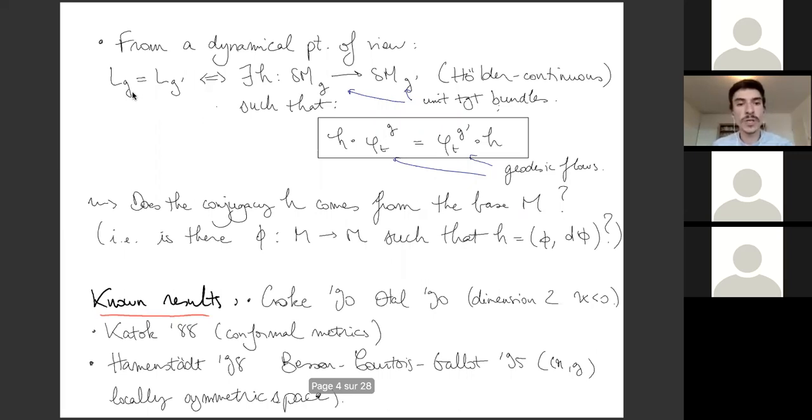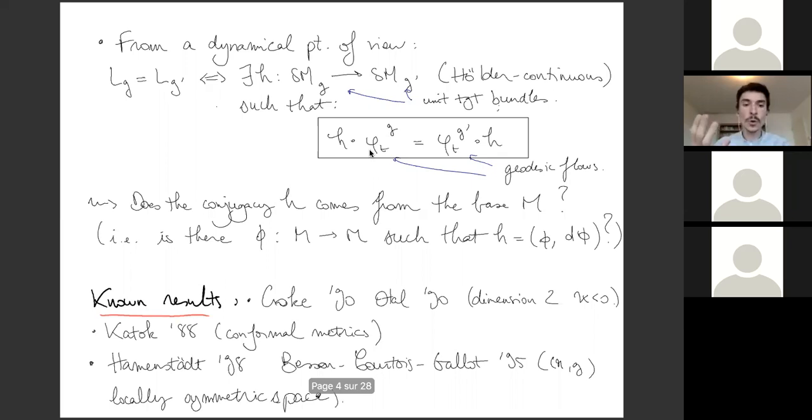When you have two metrics, G and G prime, they both have geodesic flows, and the geodesic flow is a flow which lives on the unit tangent bundle of the metric. So it's not on the base manifold M, it's one floor higher, on the unit tangent bundle. And as we will see, having the same marked length spectrum is equivalent to having conjugate geodesic flows.